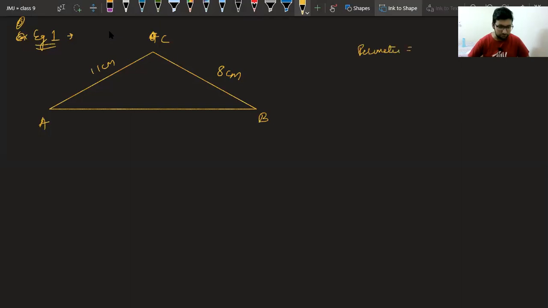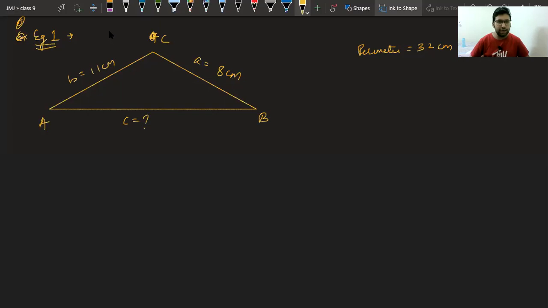Perimeter of the triangle is given to us as 32 centimeter. Now class, suppose this is A, suppose this is B, C is unknown. First, we will find the value of C. How much is C, class? If perimeter is given to you, we can easily find the value of C because perimeter is the sum of all sides.